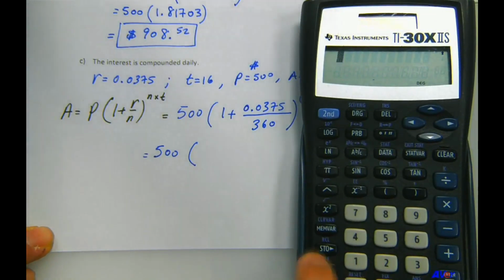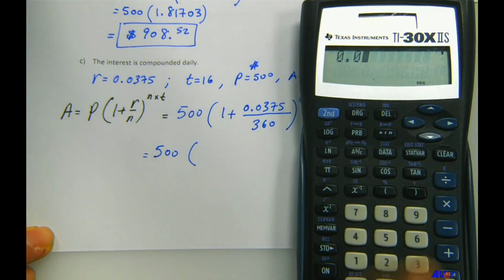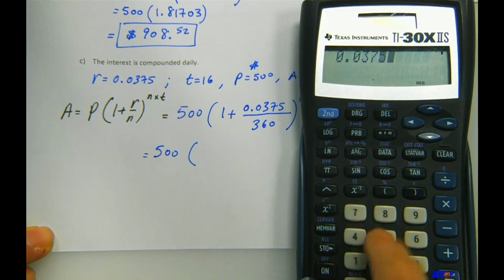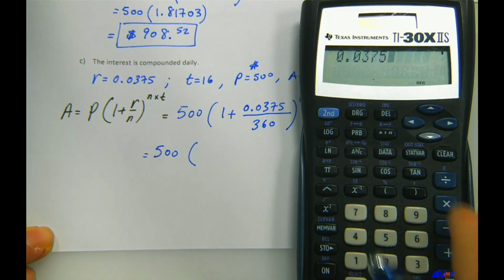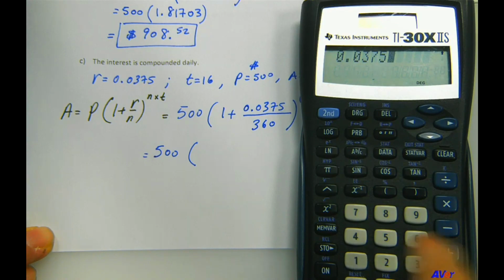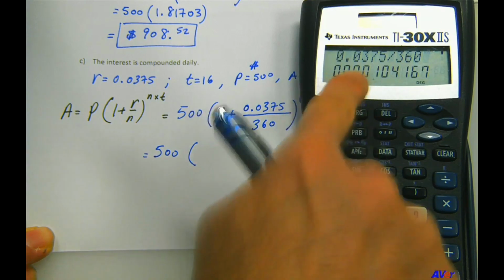Okay, so we have 0.0375. Yes, that's correct. 0.0375 divided by 360. That's a very small quantity, right?